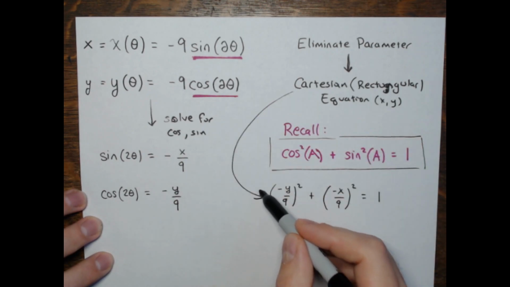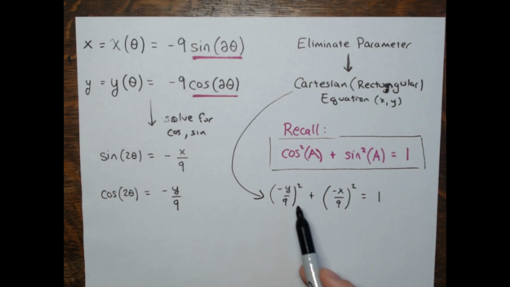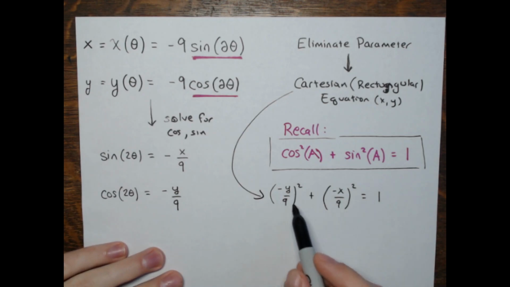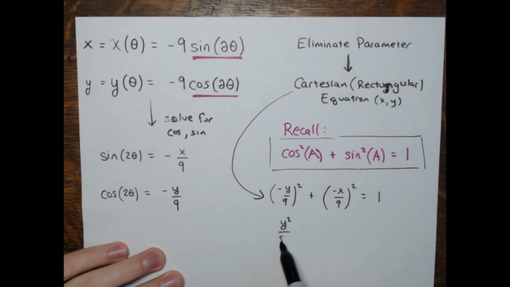And this is our Cartesian equation now. See how there's no more theta, no more parameter, just x and y. Now, if I square this stuff, this is y squared over 81 plus x squared over 81 equals 1.